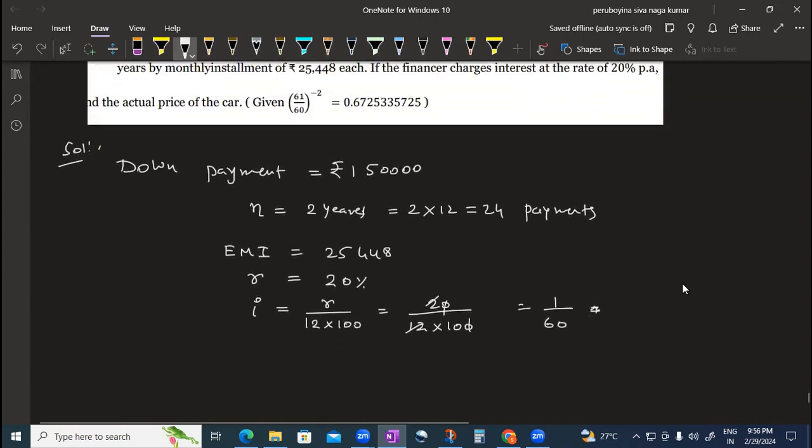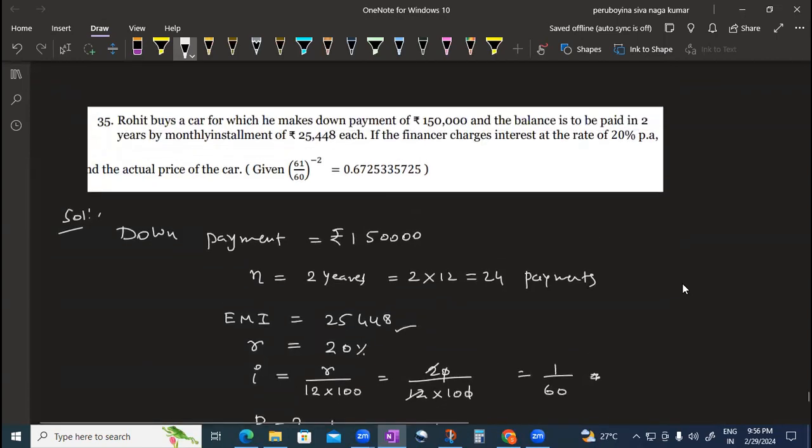Now, we don't know the principal. Actually, P here is the loan amount; on the loan amount only he is making EMIs. At the same time, he is asking us to find the actual price of the car.